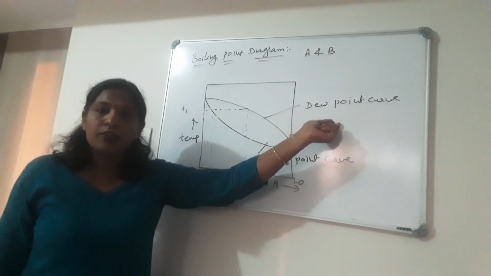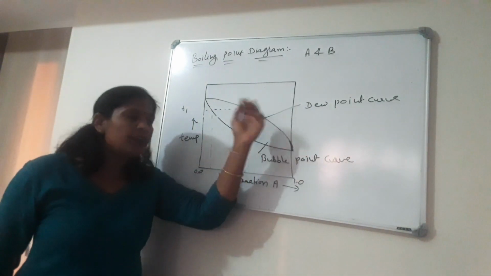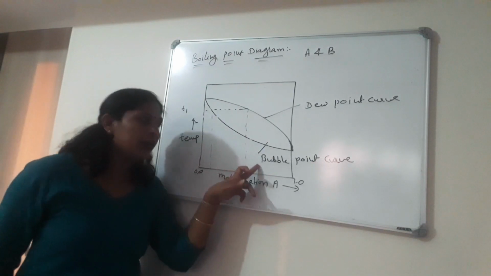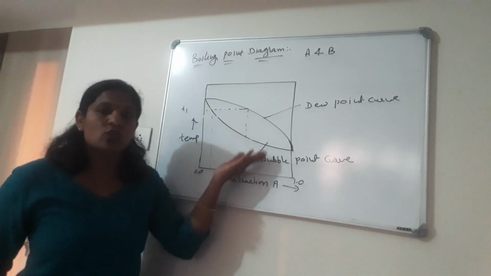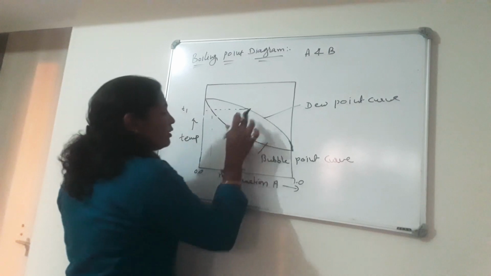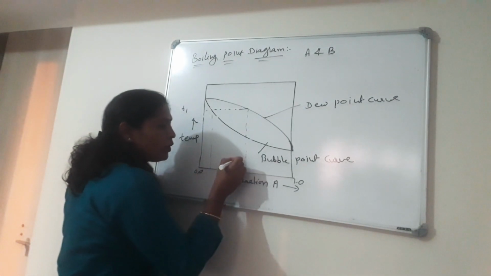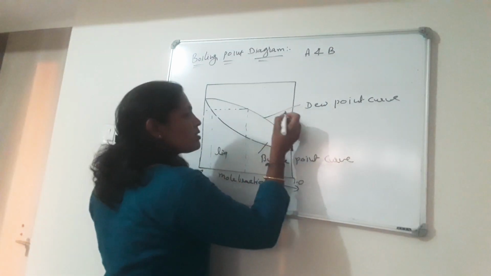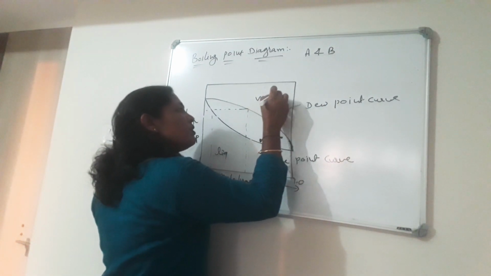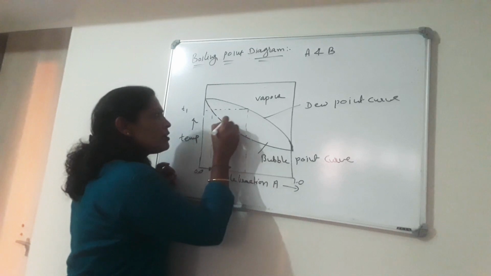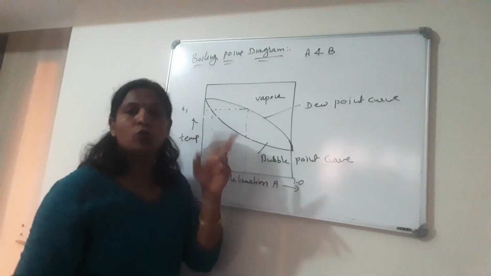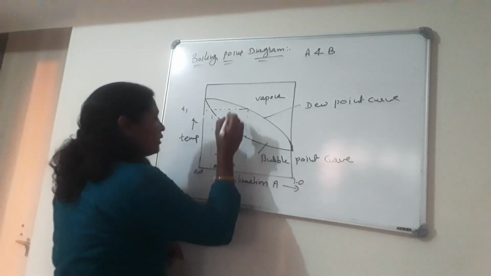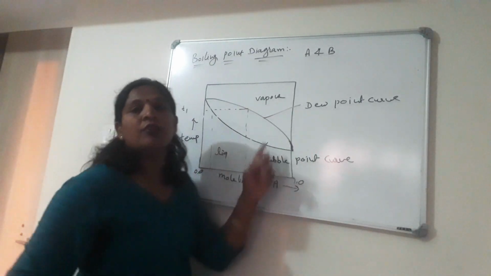At the dew point curve, liquid will start to condense, and at the bubble point curve, liquid will start to boil. Below the bubble point curve, only the liquid phase is present. Above the dew point curve, only the vapor phase is present. In between, there will be a mixture of the two, that is liquid plus vapor.